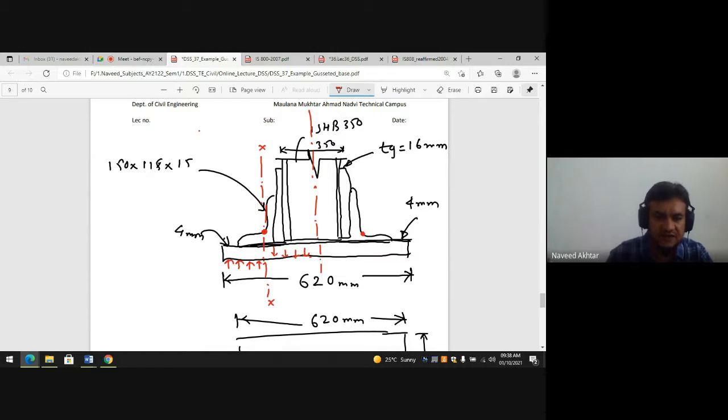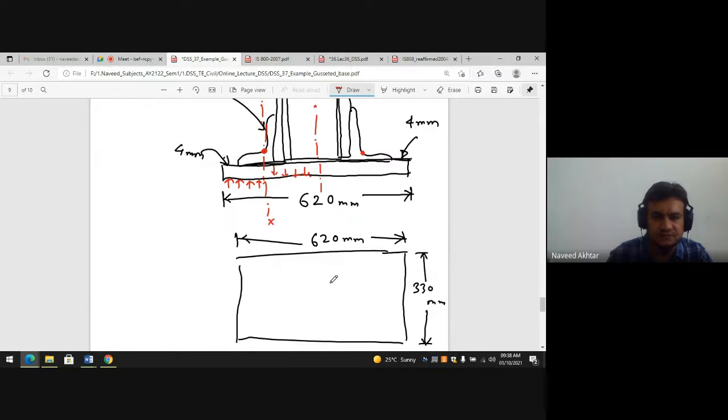So I will draw the upward pressure diagram. This is our critical section x-axis, and this portion behaves like a cantilever.